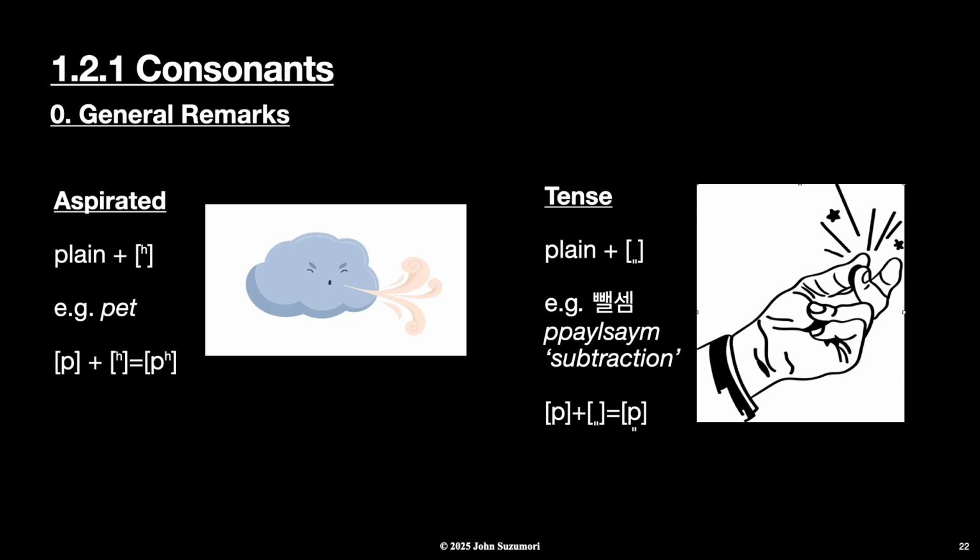When a consonant is plus tense, the constriction between articulators and the vocal folds are more intense, as in tense bilabial plosive B. You can hear this sound in Korean word 뺄셈, meaning subtraction.